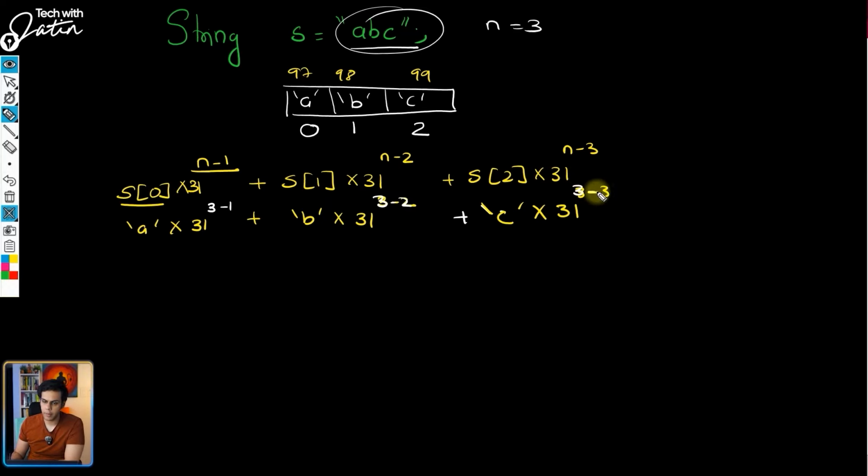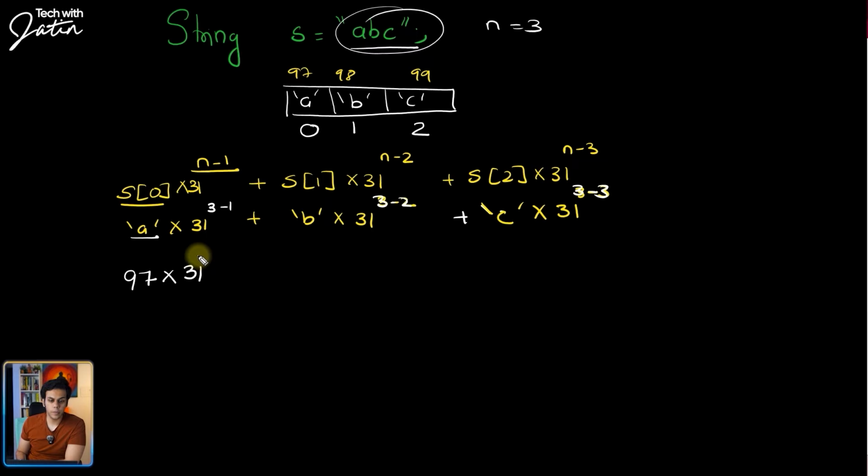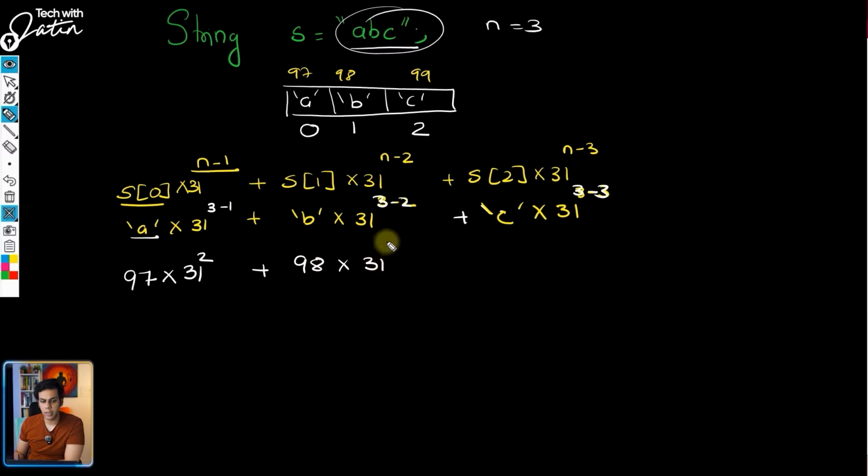So over here, A is what? 97, the ASCII value is 97. 97 into 31 raised to 2, plus B is 98, 98 into 31 raised to 1, plus C is 99, 99 into 31 raised to 0, which is 1 only.